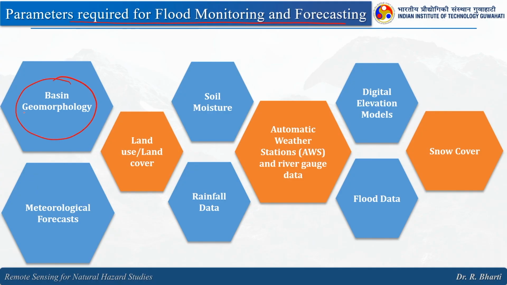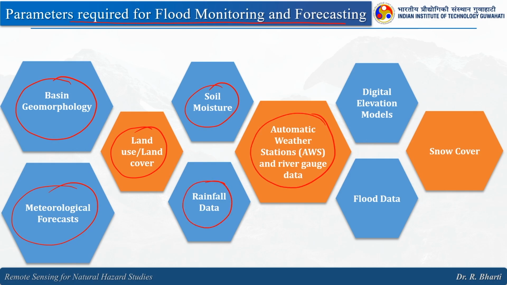So when we talk about this flood modeling or monitoring or identification or forecasting, there are different parameters that we need to study or we need to collect. So the basin geomorphology is one of the important parameters, then meteorological forecast or the meteorological parameters, then land use, land cover, soil moisture, the antecedent condition, then rainfall data, the precipitation, then if we have automated weather station data and the river gauge data that is required, then digital elevation model because we need to know the slope and aspect, and then flood data, the historical data that is also required here.